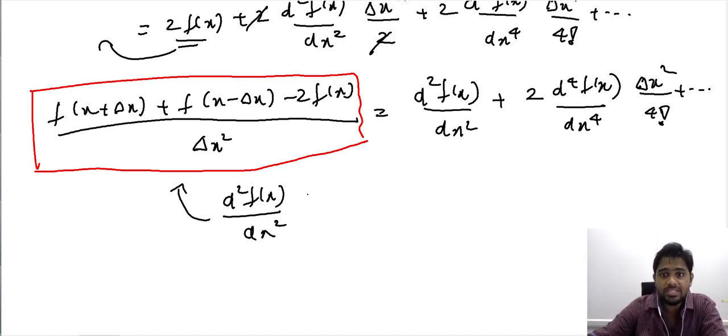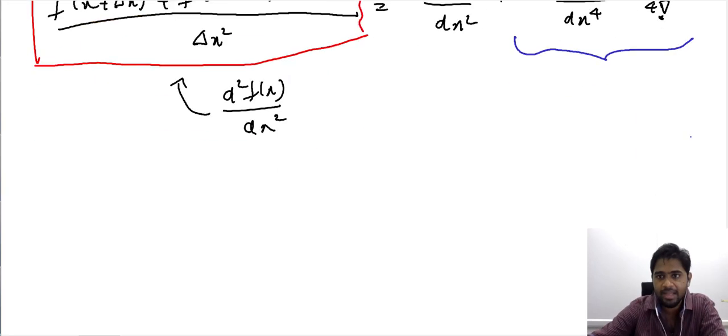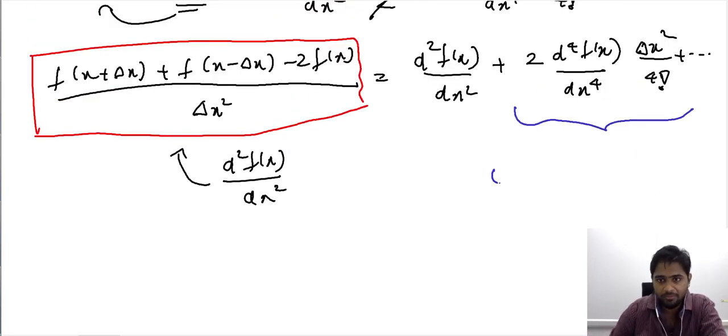And when you consider the error associated with such an approximation, the error stems from the series of terms, and this error is of the order of delta x square. Compared to delta x, this error is an order less.